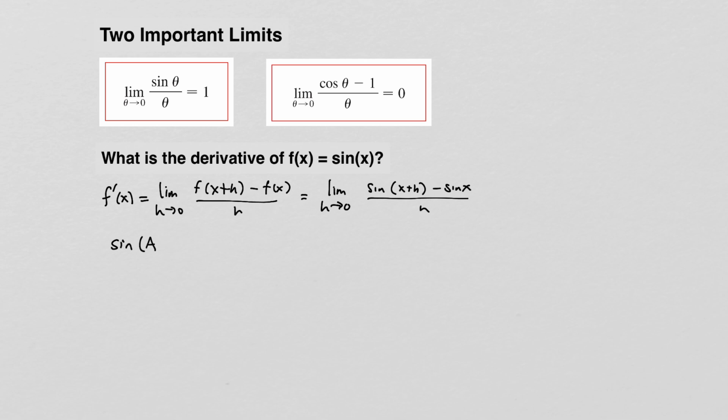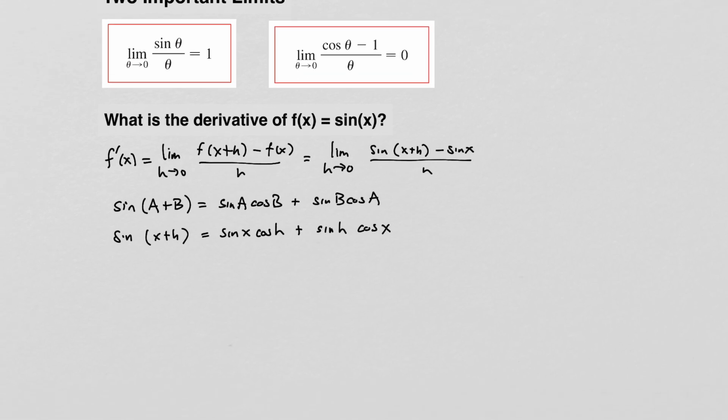If you have the sine of angle A plus angle B, this is equal to the sine of A times the cosine of B plus the sine of B times the cosine of A. And so if we apply this with A being x and with B being h, we have that the sine of x plus h is equal to the sine of x times the cosine of h plus the sine of h times the cosine of x.